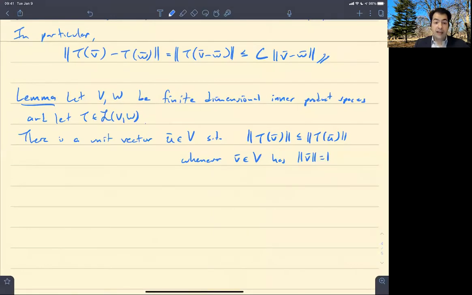Right? So I'm just looking at the size of T of V when V is a unit vector. And I'm just stating here that there is a unit vector where that size is largest.